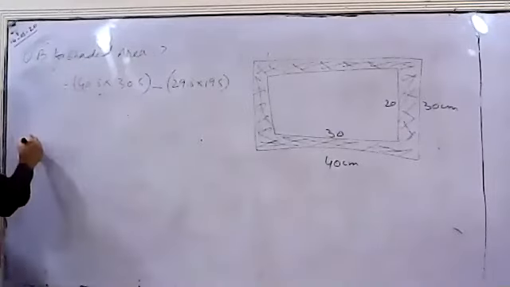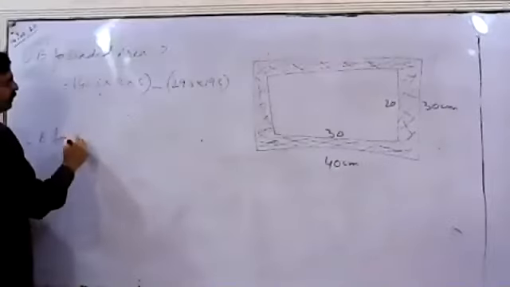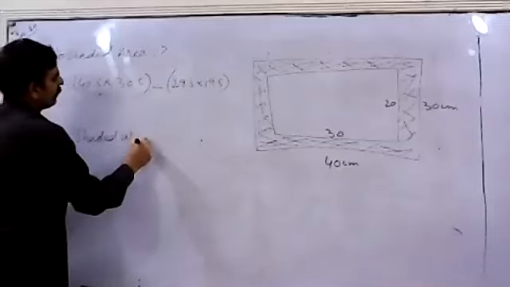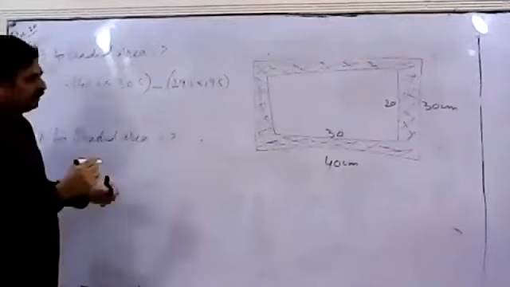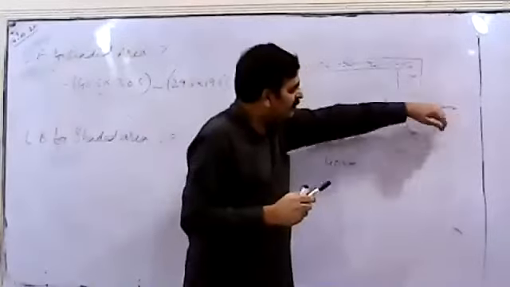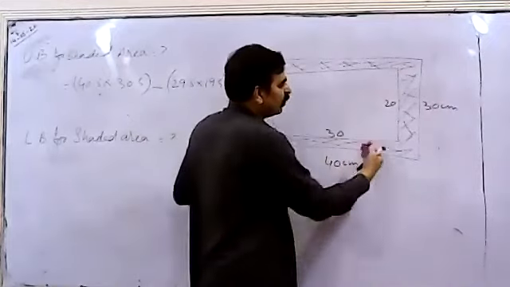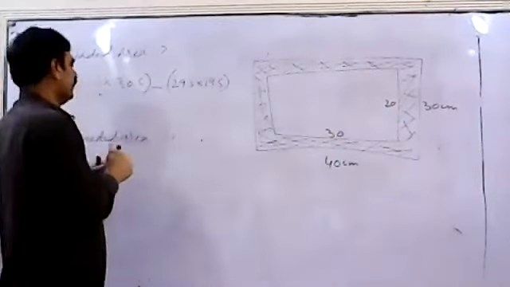As for the lower bound, the external values are 40 and 30. In this case, we use the lower bound for 40 and 30 and the upper bound for 30 and 20.